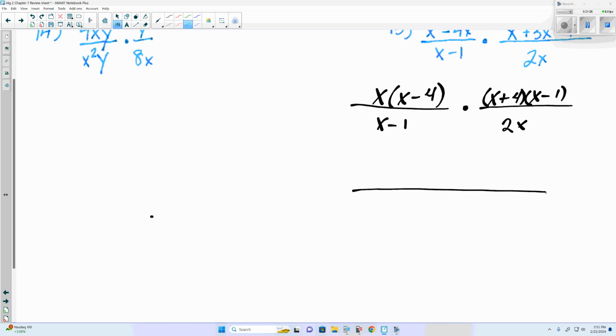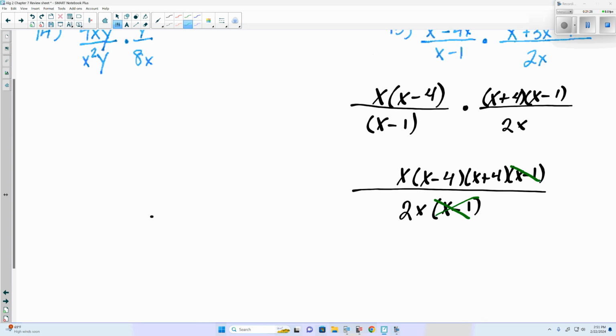Now, if we multiply this together, the denominator would be 2x times our x minus 1, because that is one term. The numerator would be x times x minus 4 times x plus 4 times x minus 1. And our x minus 1's will cancel. Will anything else cancel?